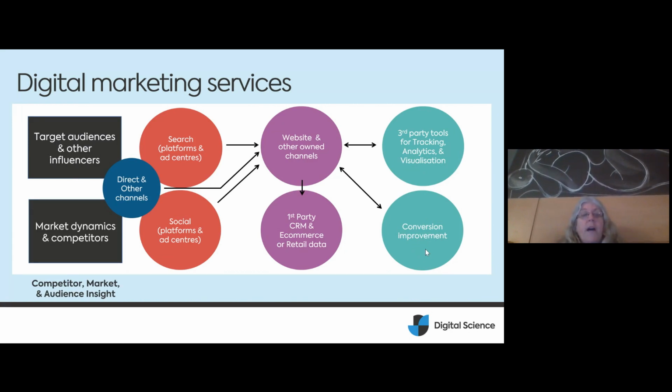Now, if you look at that from a point of view of the services that we offer, and this is both our colleagues in South Africa just focus on paid, but of course we do the owned and earned as well. You've got the competitor market and audience insights. You've got the paid organic channels setup and management, and then you've got the tracking, analytics and data visualization. Now, that's all very well, and nearly every single digital agency will offer something like this, or they're specializing in one element of it.